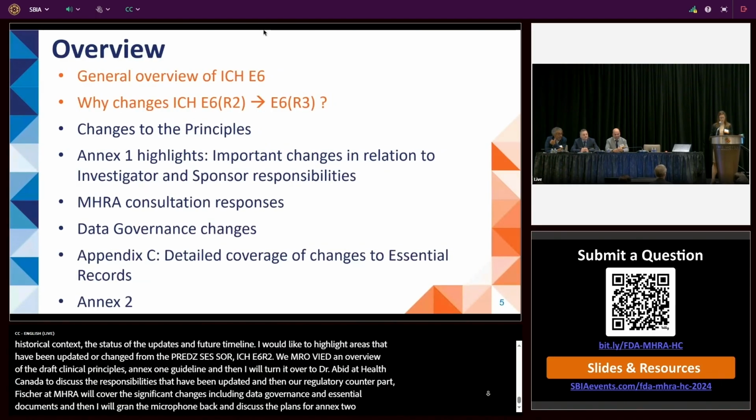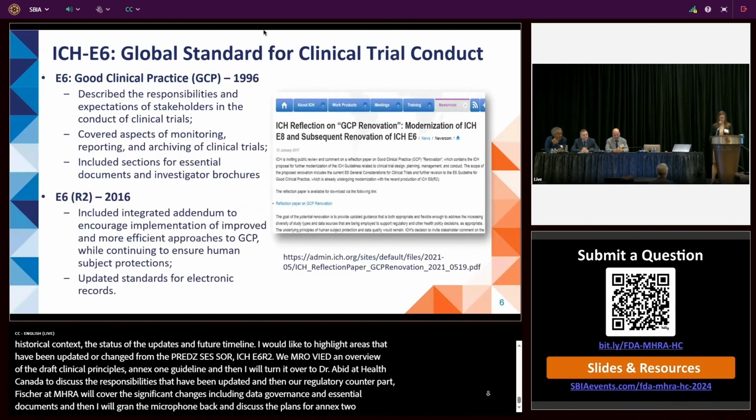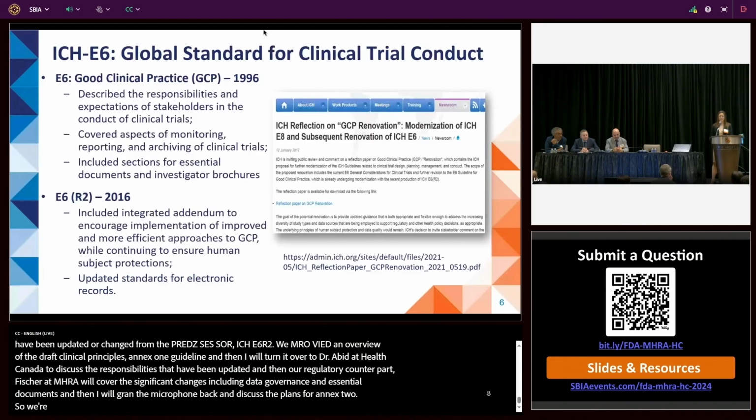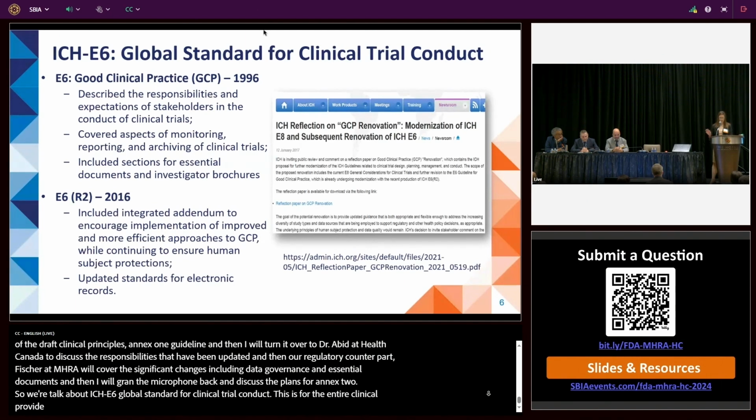I'll start off with the general overview and history. In this session, we will be discussing the third revision of the International Council for Harmonization of Technical Requirements for Pharmaceuticals for Human Use, ICH E6 guidelines. That's an internationally recognized standard of good practice for the entire clinical trial lifecycle, from design and conduct to monitoring, recording, and reporting.